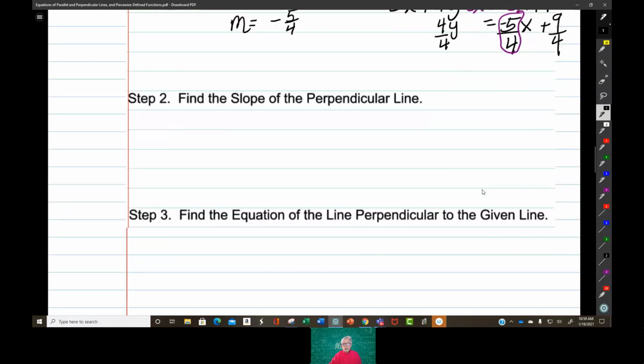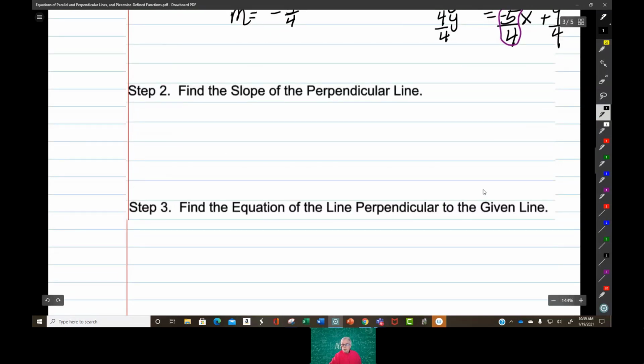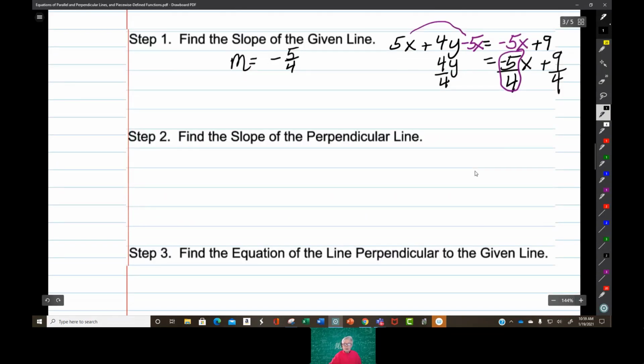Now, if you already know how to find the opposite reciprocal, which is what it's called, what I'm about to do, finding the slope of the perpendicular line, you certainly don't have to go through steps A, B, and C. But if you don't know how to do it, it's a good idea to break down what you're going to do now as A, B, and C. A, write the slope of the given line.